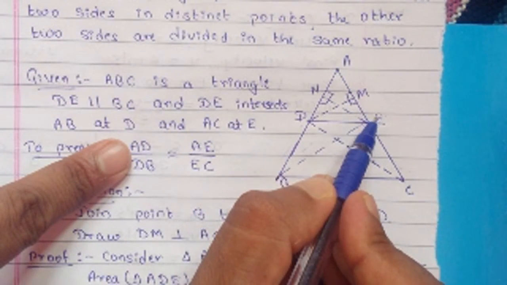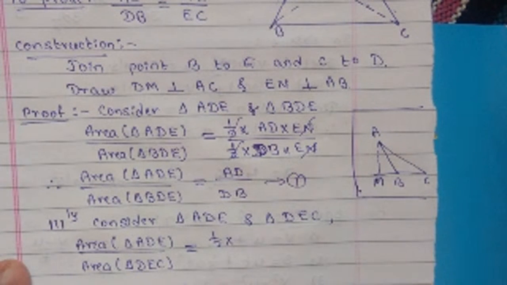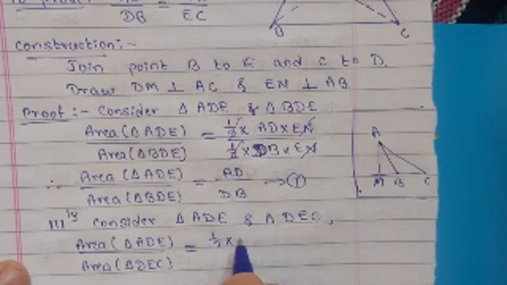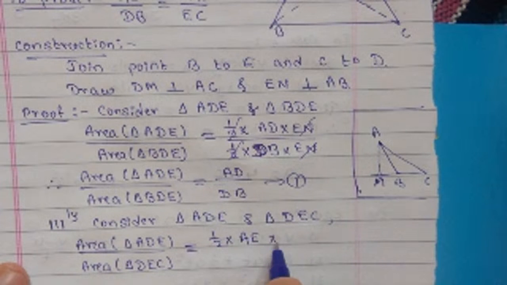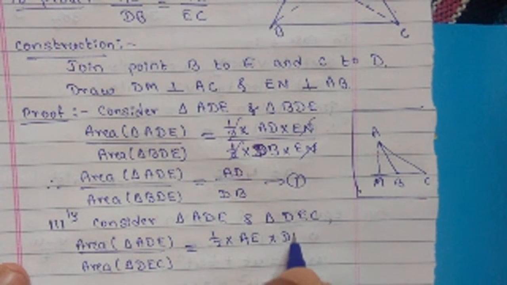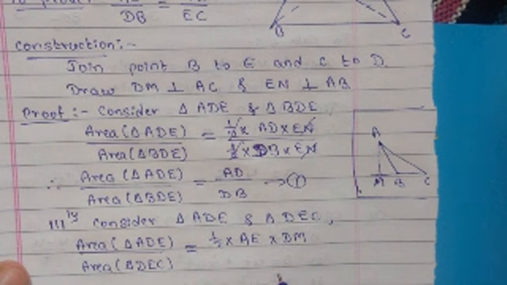Half into AE into DM. Just refer to your textbook or notebook for the diagram. So AE into DM.